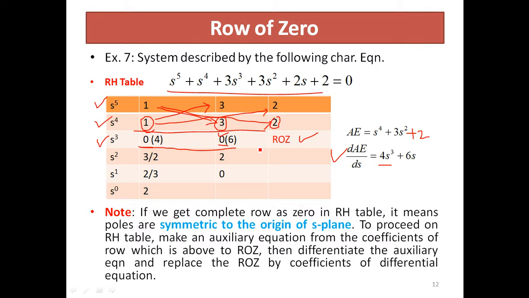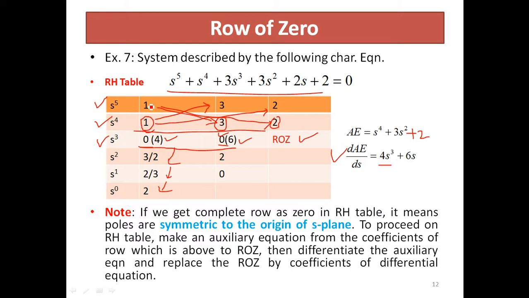So replace 0 by 4, this one, and replace 0 by 6, this one. Carry on the calculation as per the rule for the rest of the elements of the Routh array.